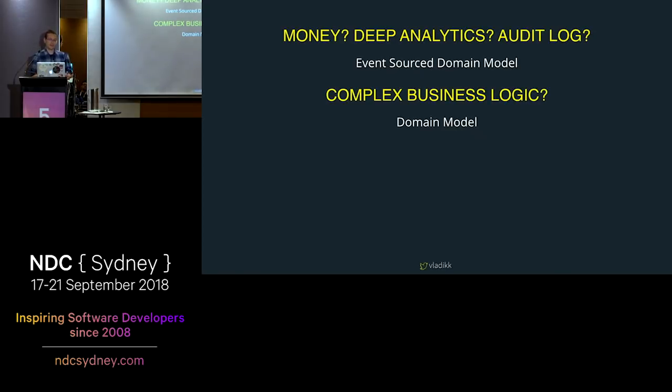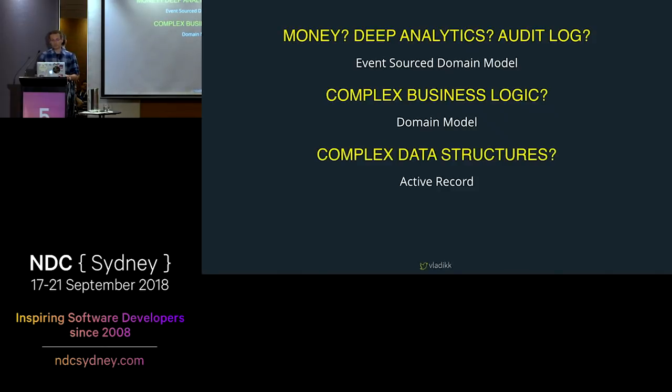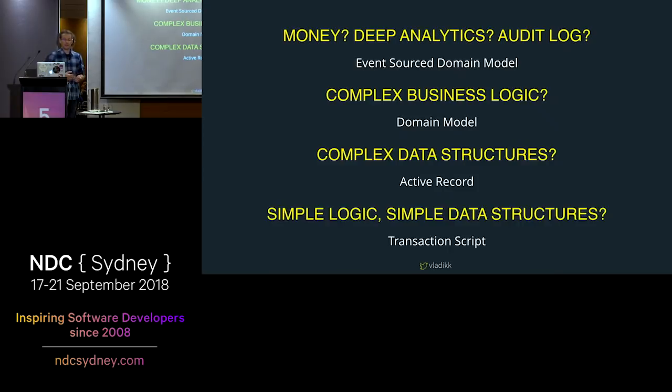Does it have complicated business rules and variants? If it does, use the domain model. Third, if on the other hand the business logic is simple, then how complex are the data structures? If you've got some complicated object trees with relationships between them, go with active record. And lastly, if the answers to all those questions were negative, use a simple transaction script.